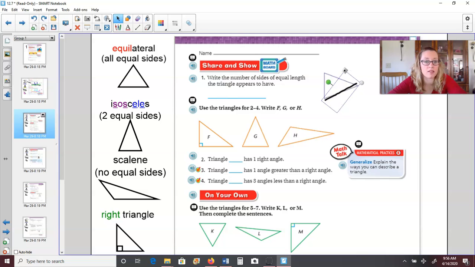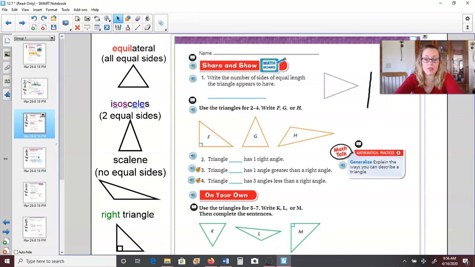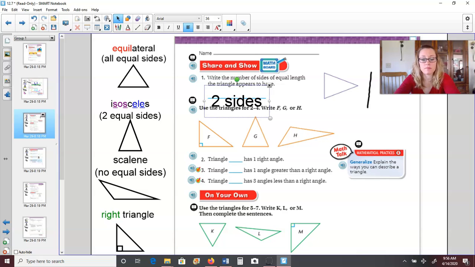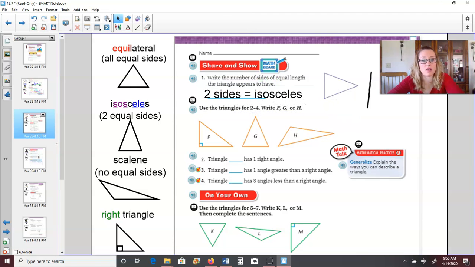But if I turn it some more to match on the side here, we can clearly see it doesn't match. So for this triangle, it has two sides that are equal in length. Two sides that are equal, and that would be an isosceles triangle if you wanted to start practicing that terminology, because two sides are the same. Okay?